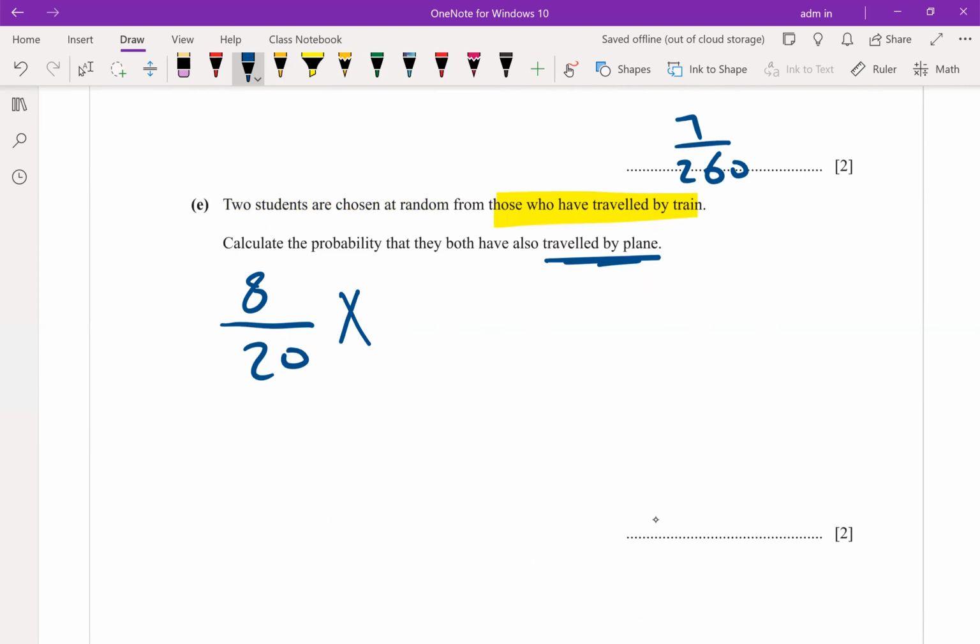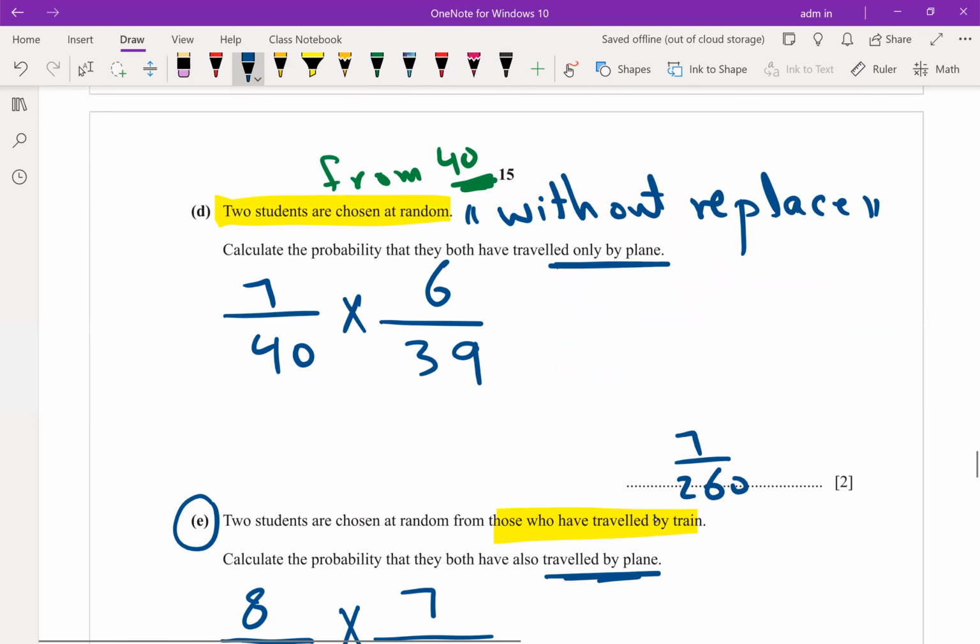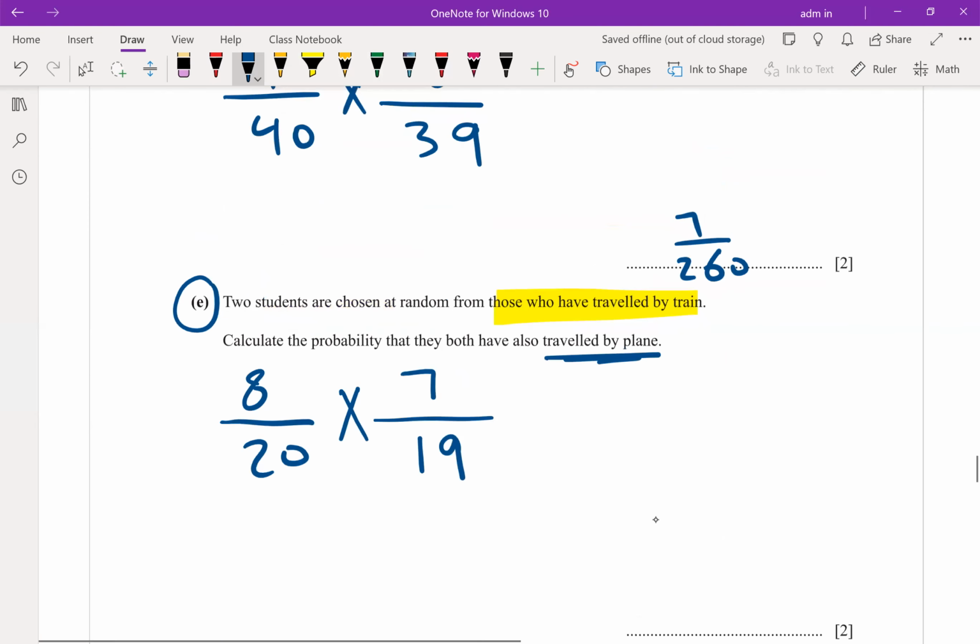So the second one will be what? Please, in part E, this is called conditional probability. Conditional probability means selecting from a subset, not from the total universal set. Part D is from the total, but part E is from those using a train only.